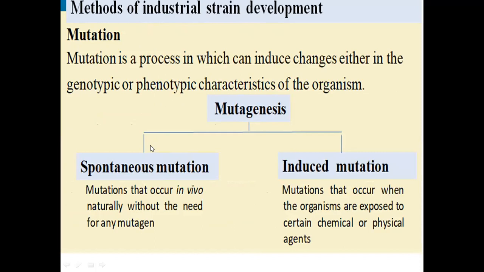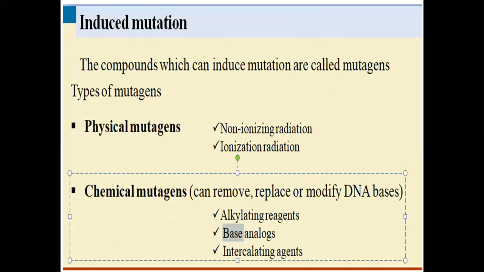In certain organisms, mutations occur spontaneously without the need of any chemical or physical mutagen. Such mutagenesis is called spontaneous mutation. Whereas induced mutation is when mutation occurs upon treatment with chemical or physical agents. That is called induced mutation.